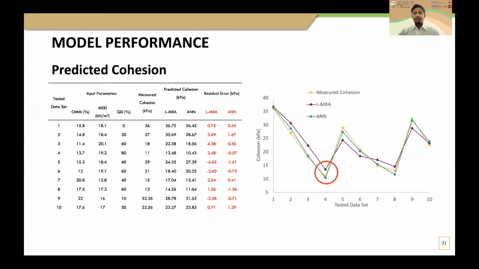In this section, I have calculated the residual error of LMRA and ANN for cohesion. As I've highlighted in the red circle, the predicted LMRA value is way off compared to the measured value, but the predicted ANN value is almost in line.